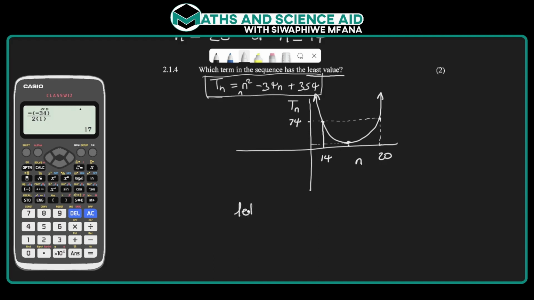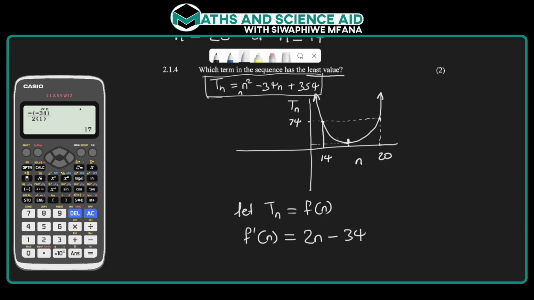So we let Tn be our function f of n, since n is our variable. We can find the first derivative of f of n, which is equal to 2n minus 34.